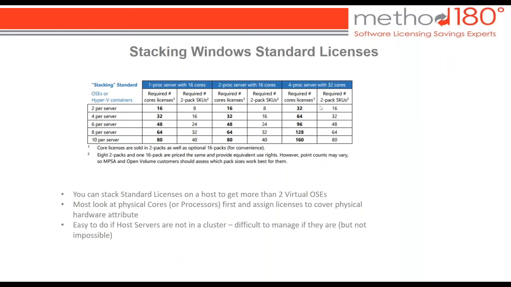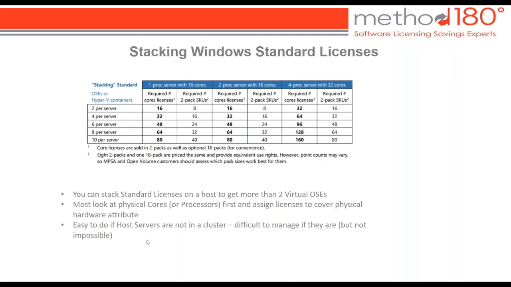So the cost to get 16 doubles in that scenario. That's what I mean. It's very important to look at the physical server with Windows. It's not 16 cores gives me 2 VMs. So if I've got 4 VMs, I just need 32 cores? I have to actually go and look at the physical box to figure out if it's 32 or more. Okay.